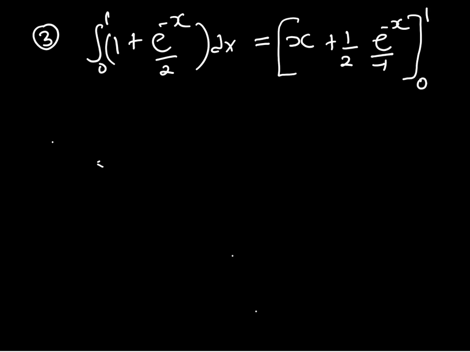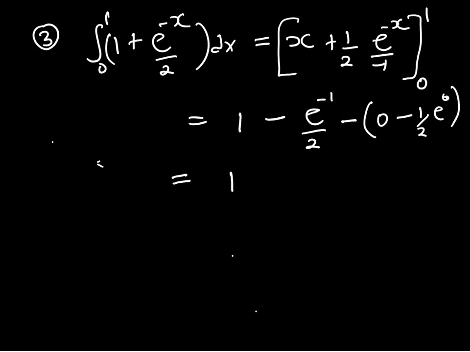So this is the same thing as 1 minus e to power negative 1 over 2, then minus the lower limit, which is 0, minus a half of e to power 0. A number to power 0, we know it is 1.